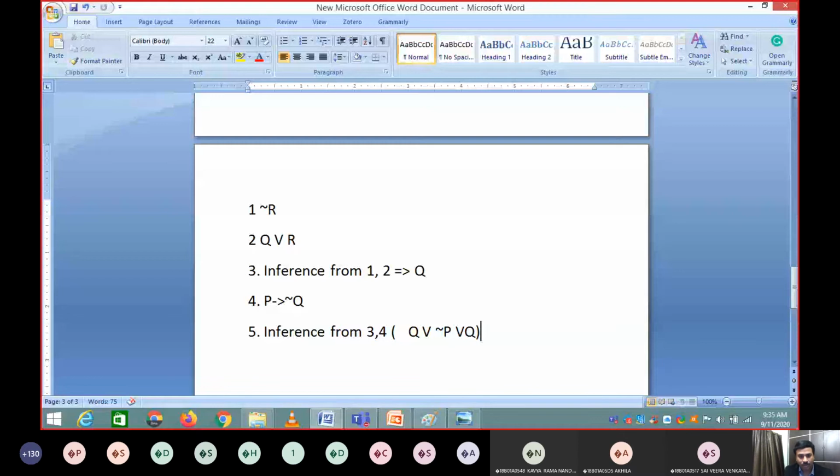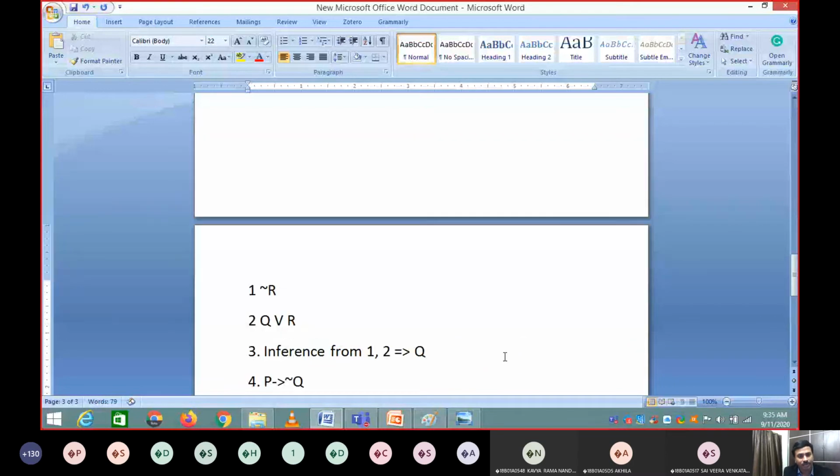Q or negation Q is always true. So the inference that I got here is negation of P. So the fifth statement is a fact that negation of P is true.